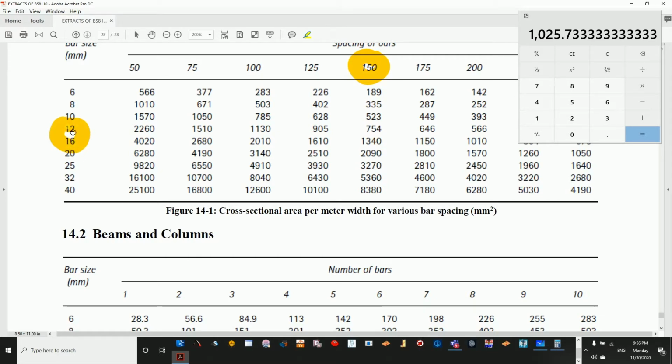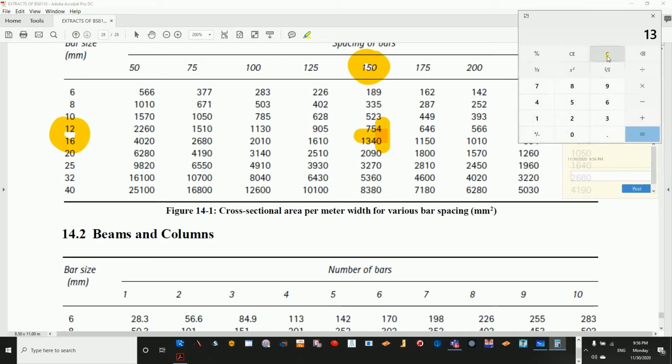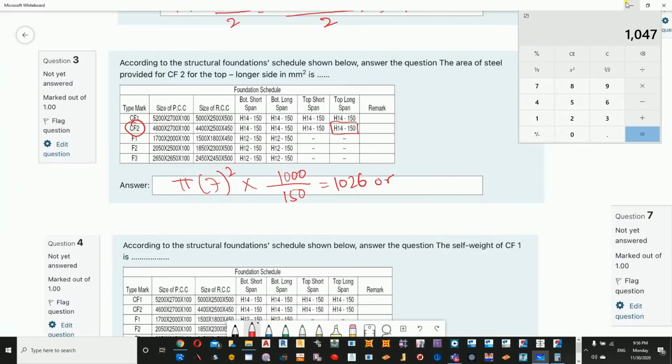So what we can do is take the average of 754 and 1340. The average of 12 and 16 will give you 14. So 1340 plus 754 divided by 2 will give you around 1047. So 1047 is accepted as well.